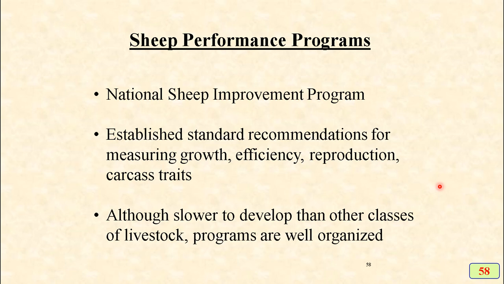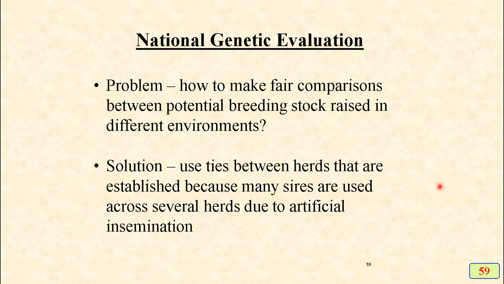Programs need to be very well organized, and they are established with recommendations for measuring growth, efficiency, reproduction, and the carcass traits of meat producing animals. Then every country will have a national genetic evaluation program because there is a problem of how to make a fair comparison of parents and breeding stock raised in different environments, because our country is very diverse, from Kashmir to Kanyakumari, and West Bengal to Gujarat, Madhya Pradesh, and so many states.